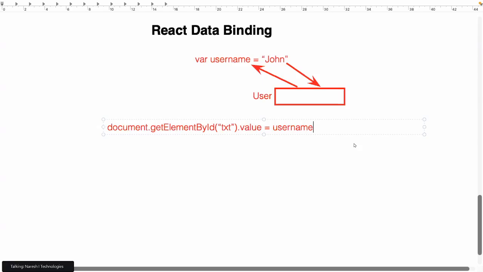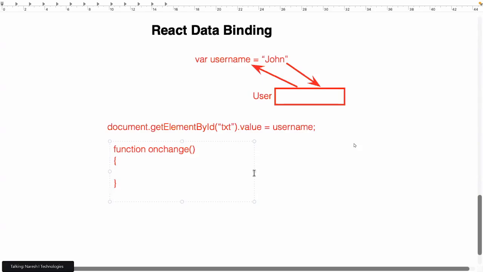The value is the username. We need to get that and display it. Now, how do you identify changes inside the text box and update? We need to write some function. We can use different events like onchange, onkeyup, onblur. We can use these events.